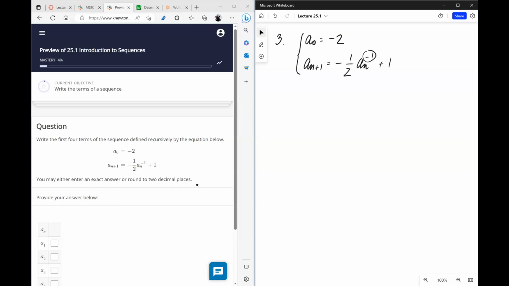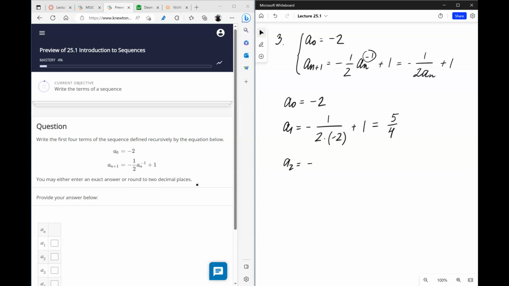This is the reciprocal, so pretty much we're going to take the reciprocal of the nth term multiplied by -1/2, and then add 1 to it. So if a0 is -2, then a1 will be -1/2 times, and here I put the previous term, so it's 1/4 plus 1, so it's 5/4.